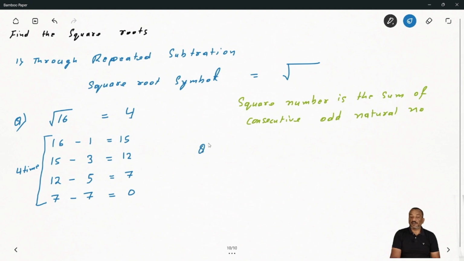Suppose we are given 36. Now the square root of 36 is asked.